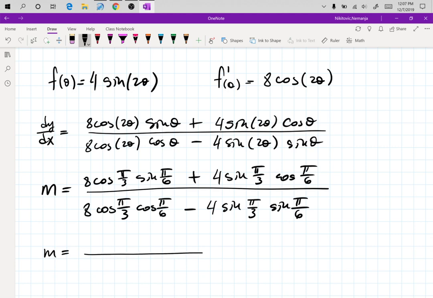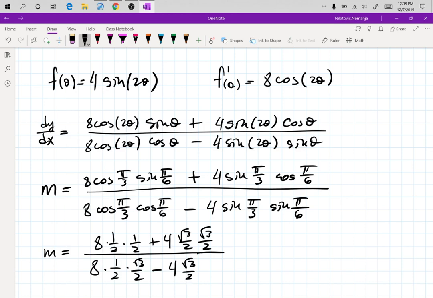M equals 8 times cosine of pi over 3, that's a half, times a half, plus 4 times sine of pi over 3, which is root 3 over 2, and cosine of pi over 6 is also root 3 over 2. On the bottom, 8 times a half times root 3 over 2, minus 4 times root 3 over 2 times sine of pi over 6, which is a half.